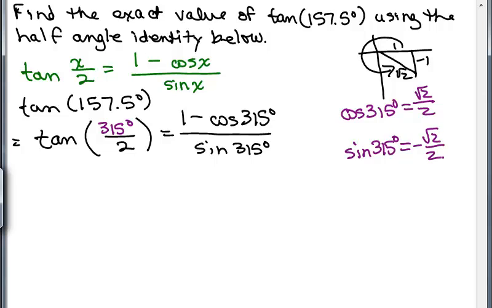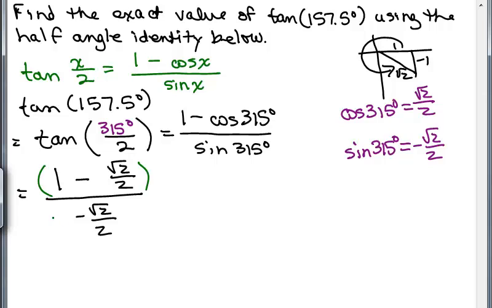So I'm going to plug that in for the cosine of 315 degrees and the sine of 315 degrees. So I have 1 minus, now for the cosine of 315, I got square root of 2 over 2. And the denominator is just the sine, which is negative square root of 2 over 2. So I have a complex fraction.